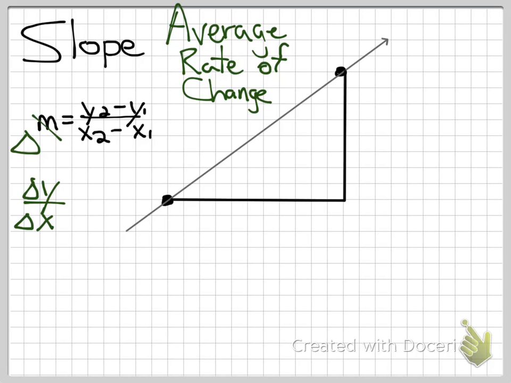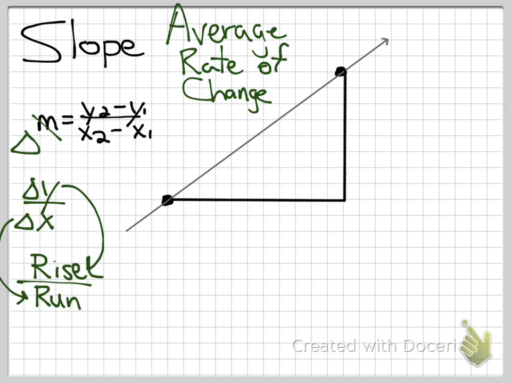And you've seen this before, because when you were first introduced to slope, you said rise over run. And we think about that, where the rise is how much it goes up or down in the y direction. Y is vertical. The x, how much it changes, is how much it moves left to right. How much did it move horizontally? So instead of using this formula when looking at these points here, what if we just said, okay, how much did we go up from one point to the other?